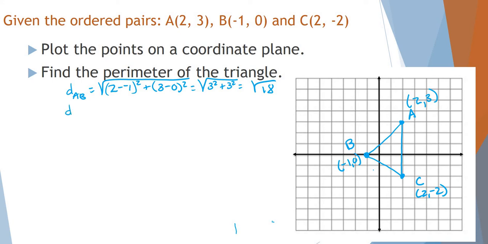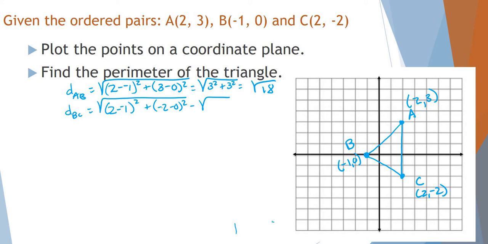My next distance, let's do BC, is the square root, again, x minus x, -2 minus 0, plus, oops, I did y first, sorry. Let's do x first. 2 minus -1, and then -2 minus 0 squared.